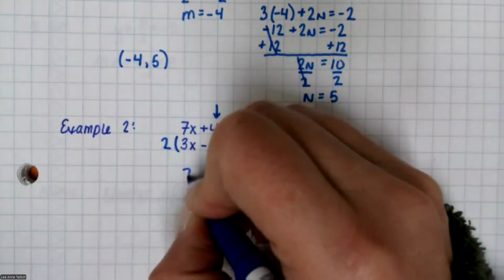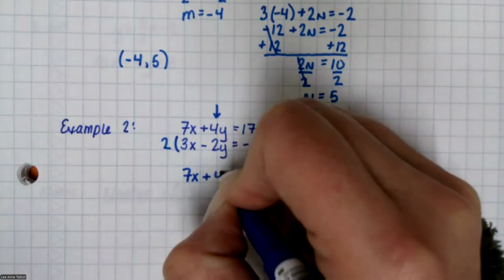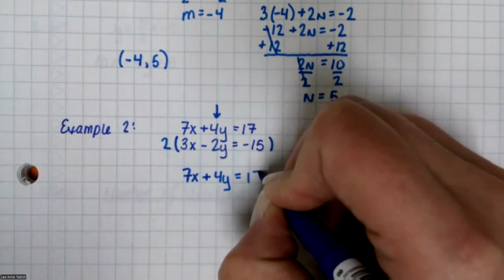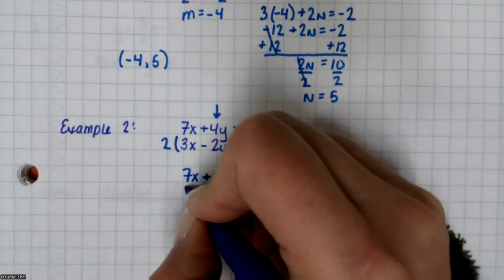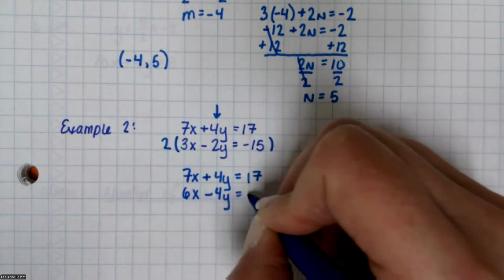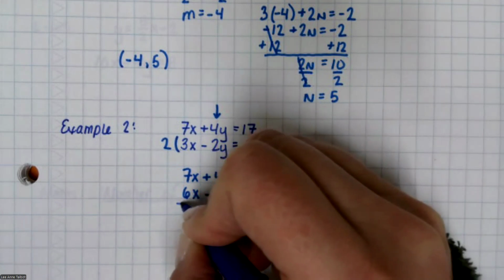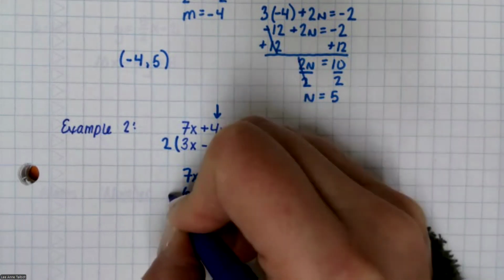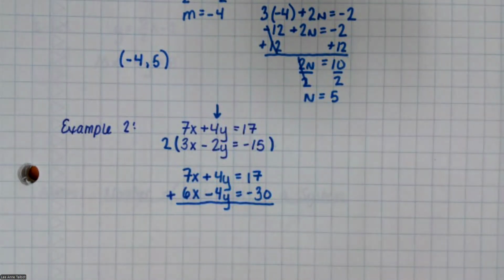Okay, top equation, 7x plus 4y equals 17. 6x minus 4y equals -30. Oh, I got worried for a second, but they're both 13s.